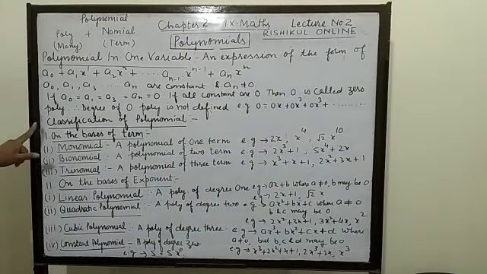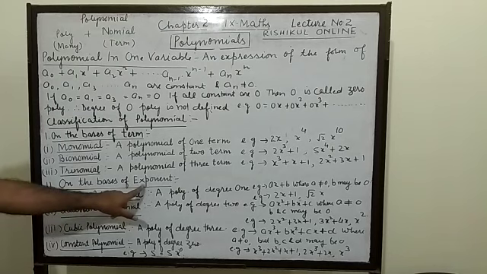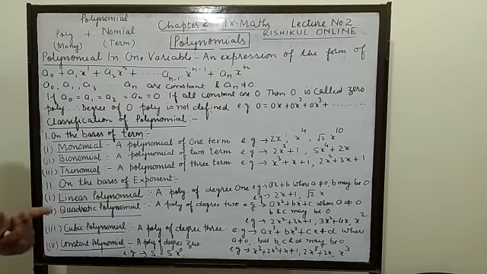Then I will tell you the classification of polynomials. First I will tell you on the basis of terms, and then secondly on the basis of exponent. Exponent means power.